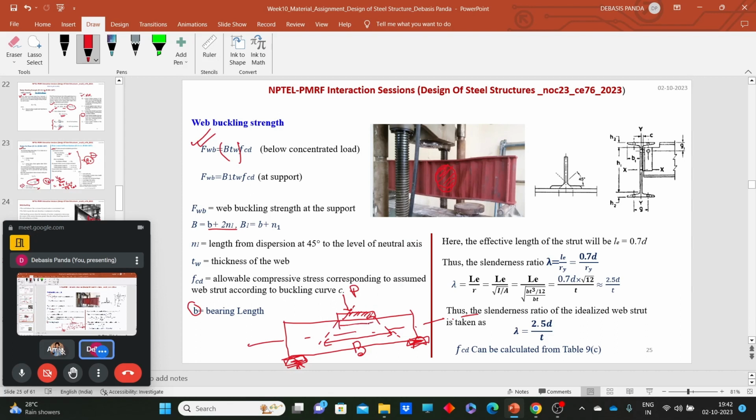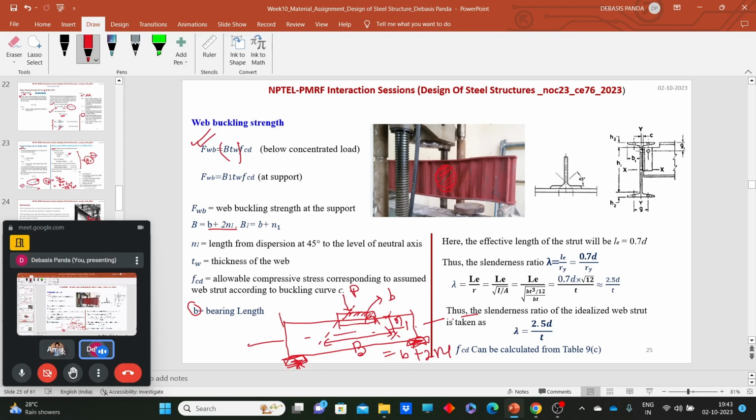This is how much bearing I am providing, b, plus 2N1, if we consider 45-degree load dispersion. What is that N1? That is nothing but the distance from the top to the neutral layer. So for this portion, capital B will be nothing but b plus 2N1.